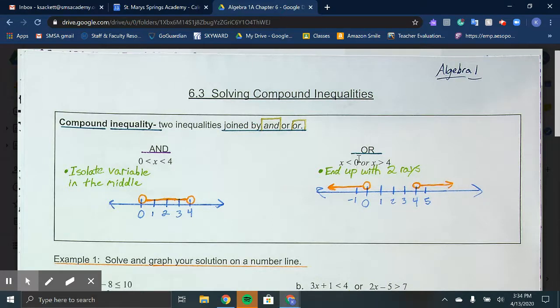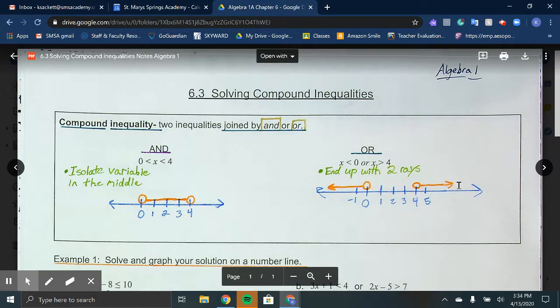X is less than 0: open circle at 0, arrow going to the left. Or x is greater than 4: open circle at 4, arrow going to the right for greater than.